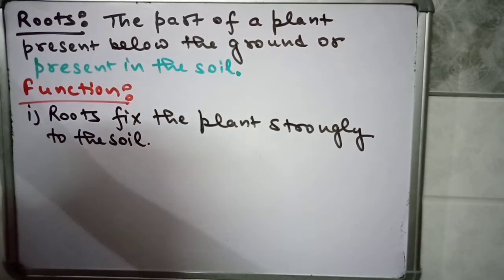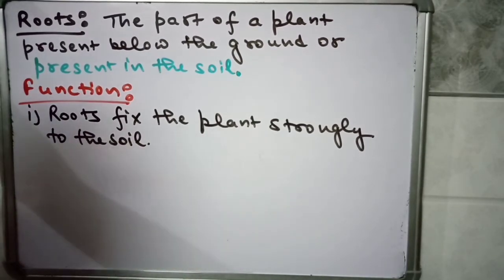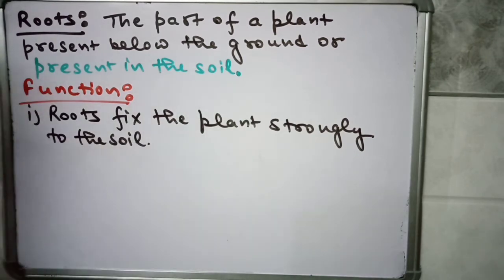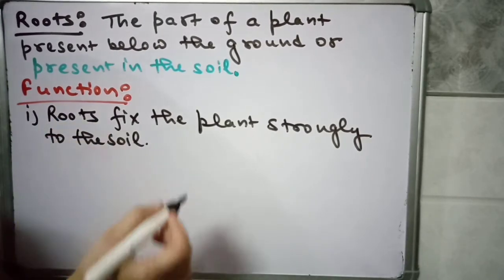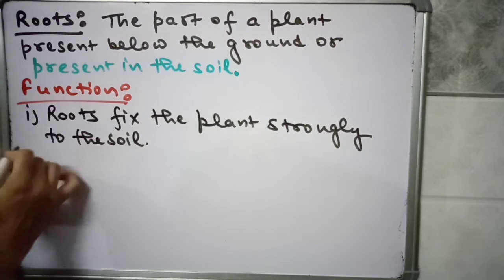You must have observed that it is very difficult to pull a plant from a pot or from the ground. Why so? Because in plants roots are present and roots fix the plant strongly to the soil.